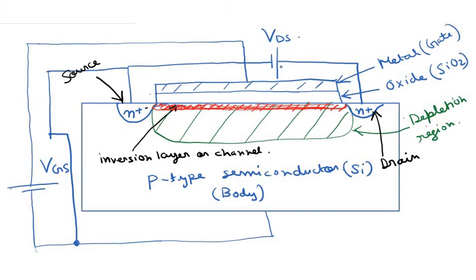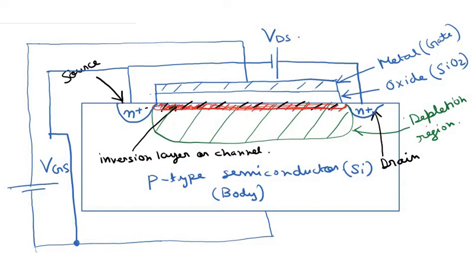Because when VGS is 0, there is no induced inversion layer, or there are no electrons at the surface of the body. There are no mobile electrons in this region, at the surface of the body, or at the interface of the oxide and the body.